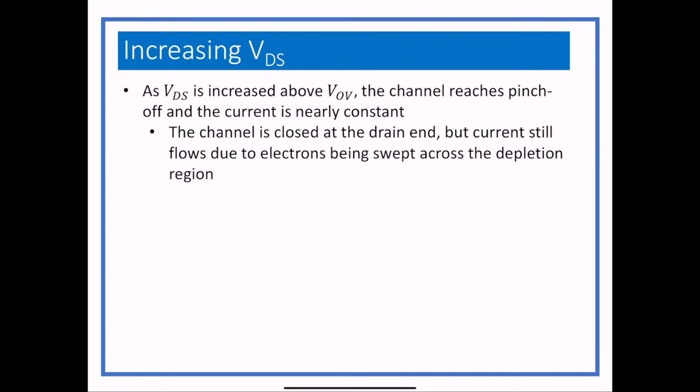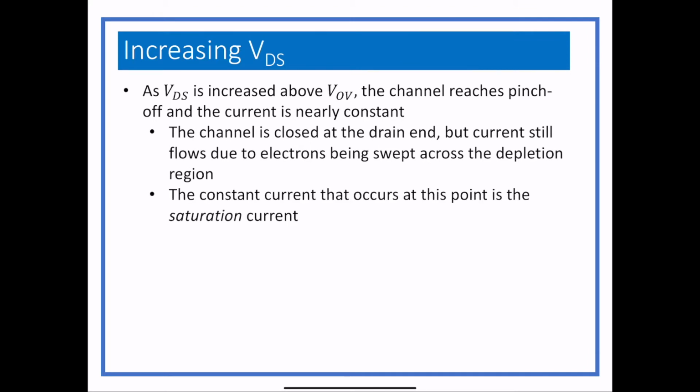And this is sort of a summary of what I just said. So what we get is actually the saturation current. When we get to the point where this current can't be increased anymore, where you turn VDS up and you just get a constant current, that is the saturation current.